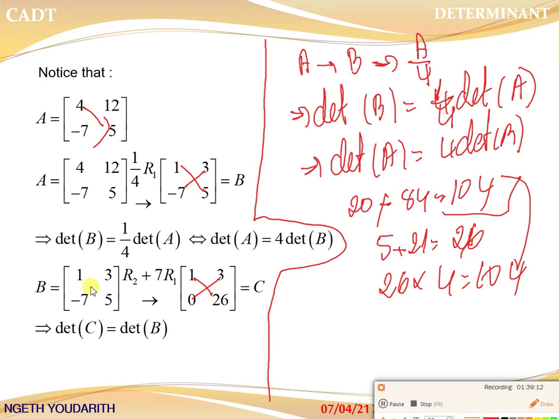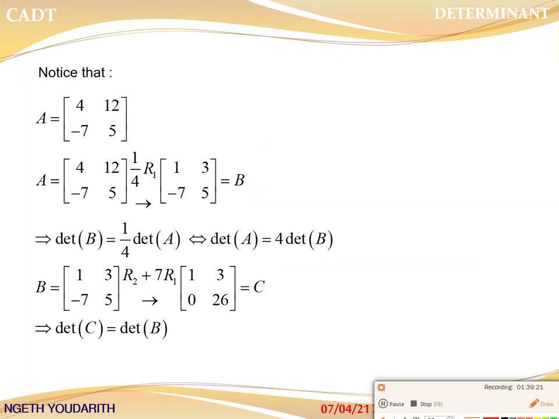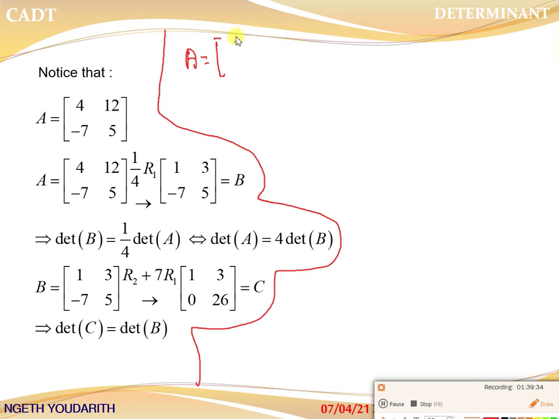I give another example. I have A as the numbers 1, 2, 2, 5, and B I get 1, 2, and 3, 7.